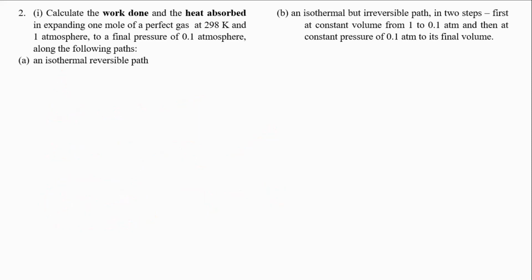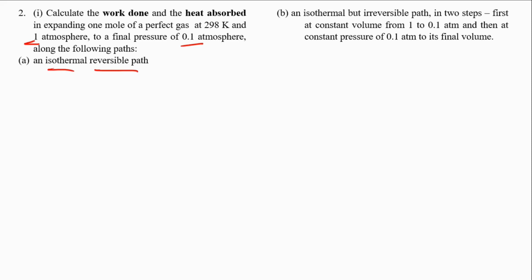So we're supposed to calculate the work done and the heat absorbed in expanding 1 mole of a perfect gas at 298 Kelvin and 1 atmosphere to a final pressure of 0.1 atmosphere. So it's going from 1 atmosphere to 0.1 atmosphere, an expansion, so the gas is doing work. It's an isothermal reversible pathway.